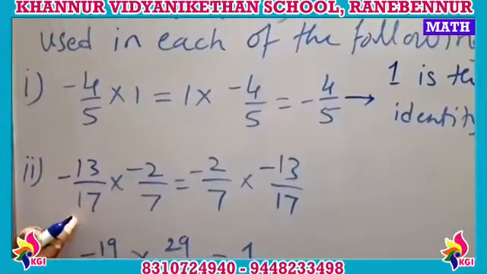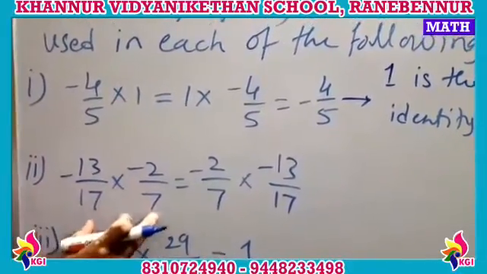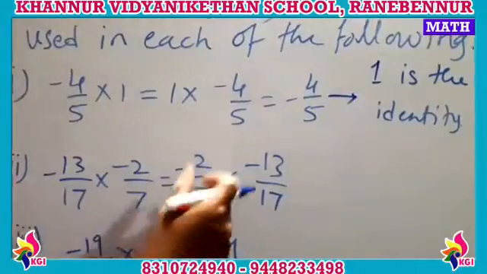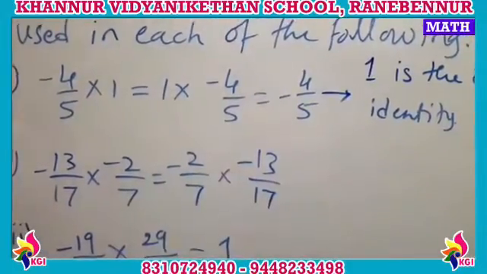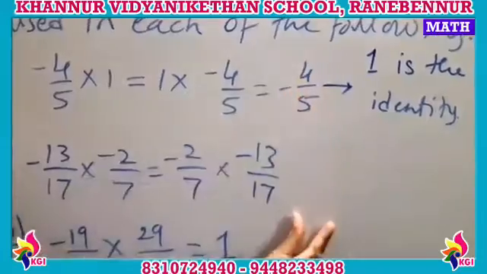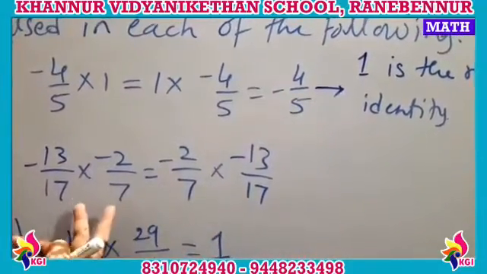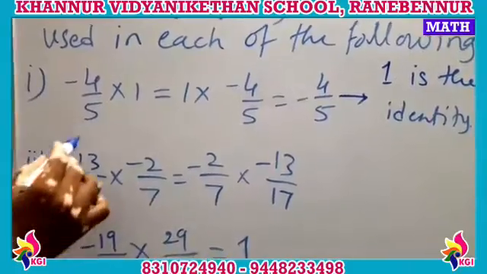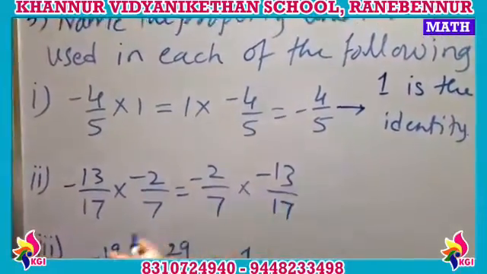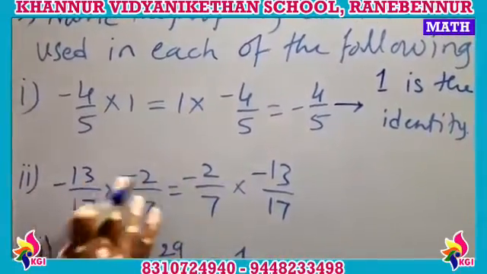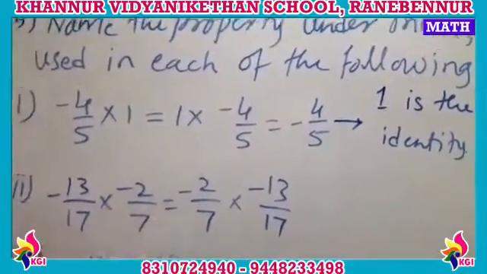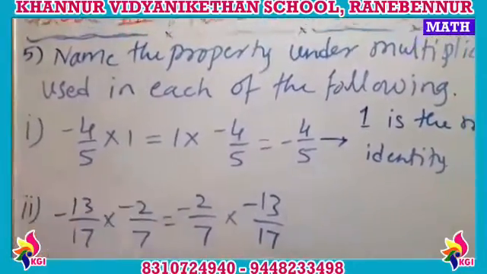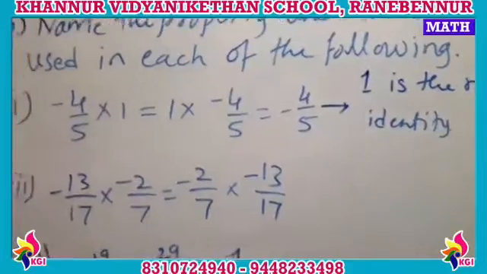-13 divided by 17 into -2 by 7 is equal to -2 by 7 into -13 divided by 17. Check it out here. It is not given with an answer like this. It is shown only with the two values. It is given as a into b is equal to b into a. The value is exchanged. This one has gone the other way and that one has gone this way.